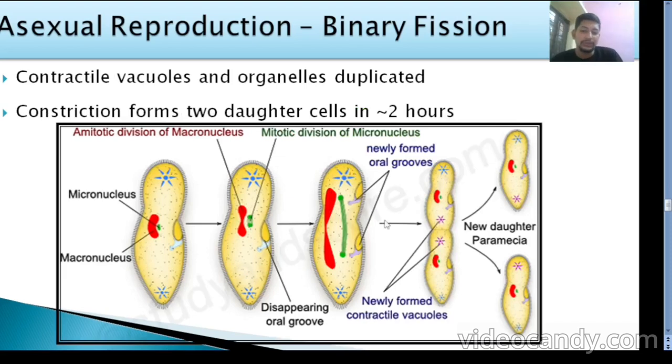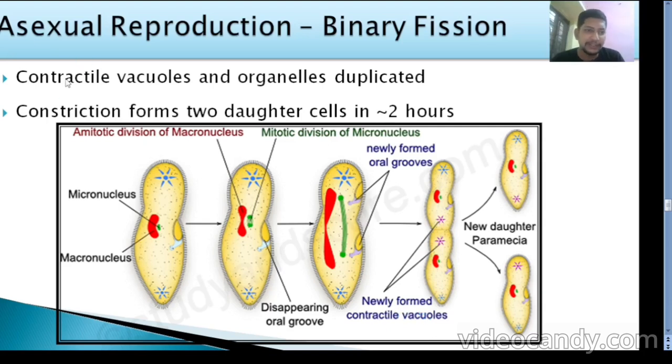Now you can see this picture. Here you can see the presence of contractile vacuoles: this is the anterior contractile vacuole and this is the posterior contractile vacuole in the parent cell. When it is undergoing division, you can see that two new contractile vacuoles are formed.